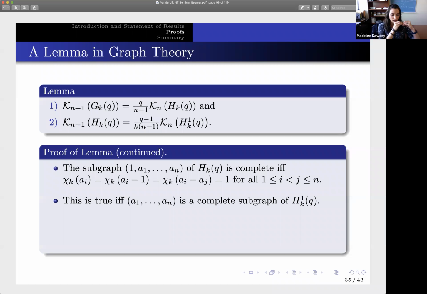So I don't know why we wouldn't be able to start at, I guess the reason is because we don't know this, but if you could start at complete subgraphs of order 3 in Hk1 of q, if you could somehow figure that out, then could you, but that's probably related to what you said, because if you can do another subgraph and then relate that to the edges of this other subgraph, then maybe you could continue this process. So I don't know if there's anything there.